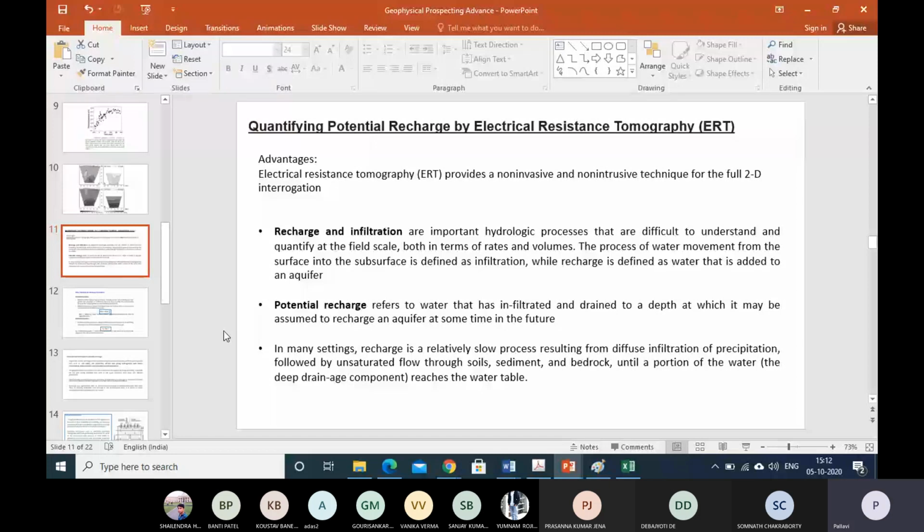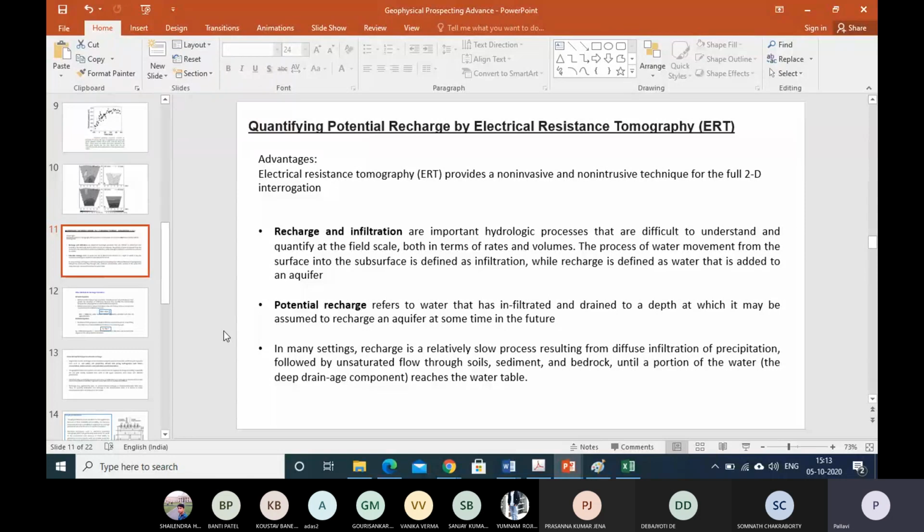If you define what recharge or potential recharge actually is, it refers to water that has infiltrated and drained to a depth at which it may be assumed to recharge an aquifer at some time in the future. It means your water is moving through the unsaturated zone to the saturated zone, so it takes time, right?